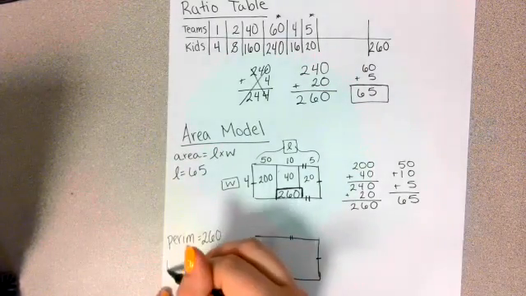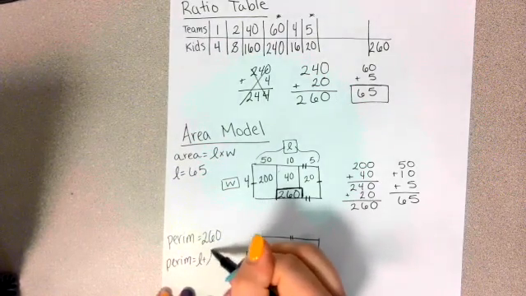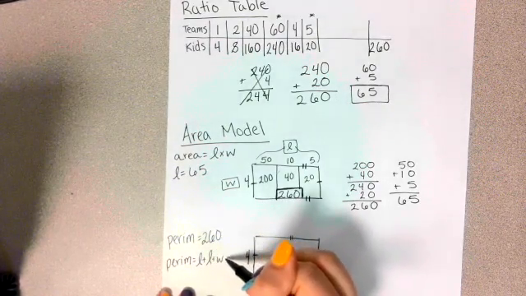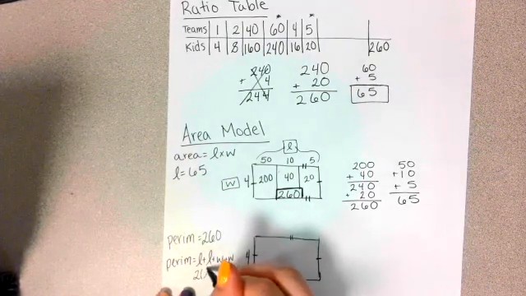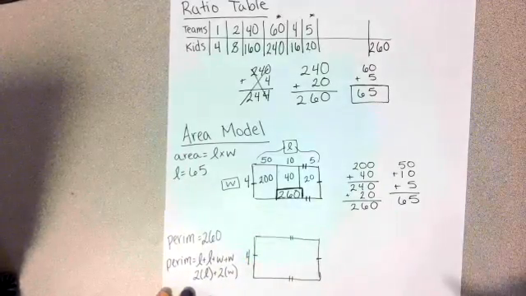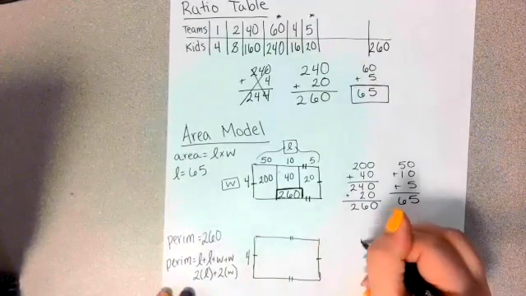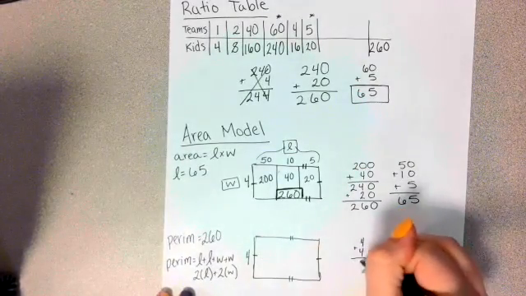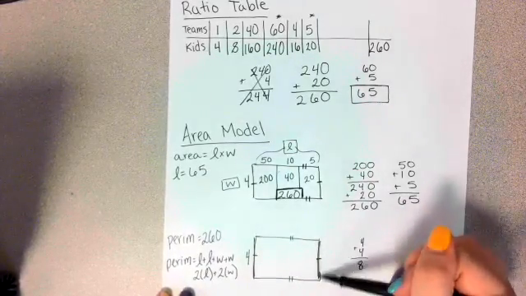And again, we know the perimeter formula is length plus width plus width. We've also said this as 2 times length plus 2 times width. Okay, so if I know these two sides are 4, I can add that together to get 8 total from this side and this side put together.